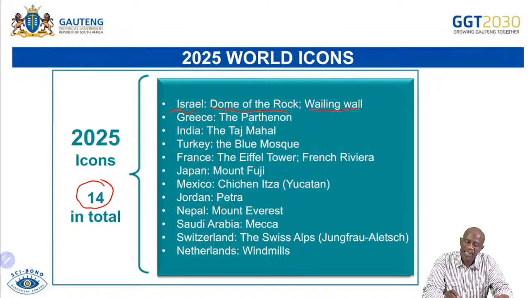The next one is the Parthenon, which is situated or located in Greece. This is the name of the country where it is found. The next icon is found in India, and it is the Taj Mahal. Grade 12, you should understand how I read the names of these icons.